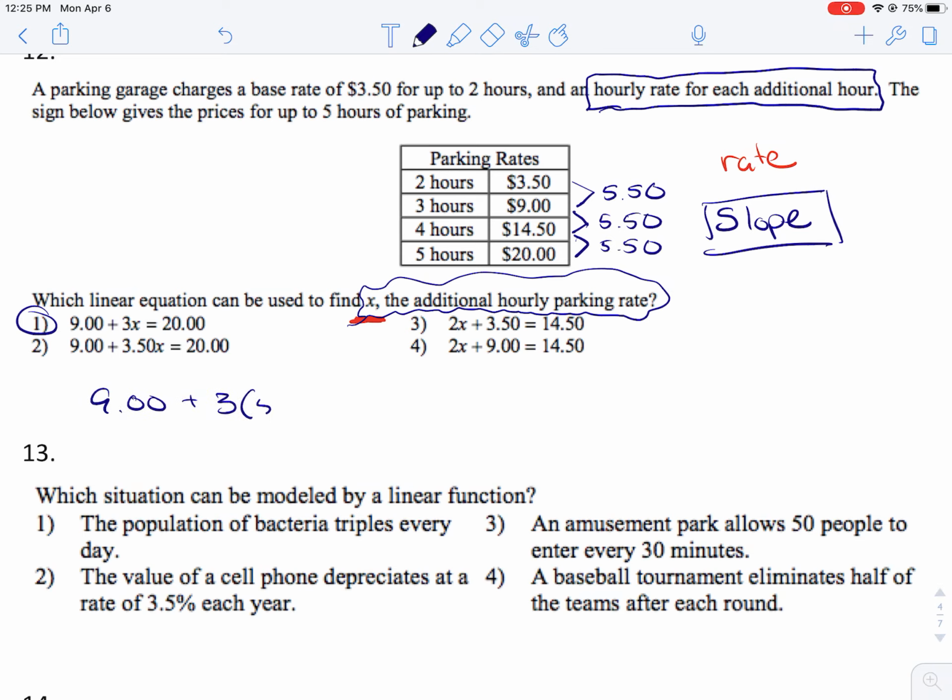If you take a look at this first one, if we plug in $5.50, we would go 9 plus 3 times $5.50 equals 20. So let's see if that works out. 9 plus 3 times 5.5, and you get 25.5 is equal to 20, which is not a true statement.